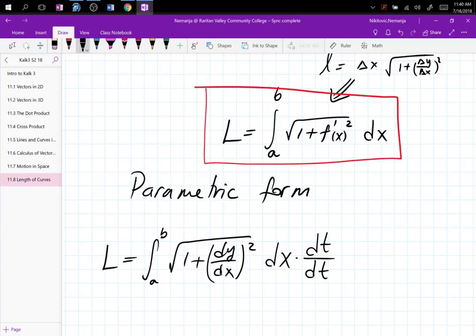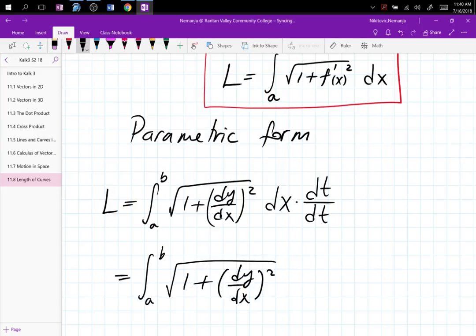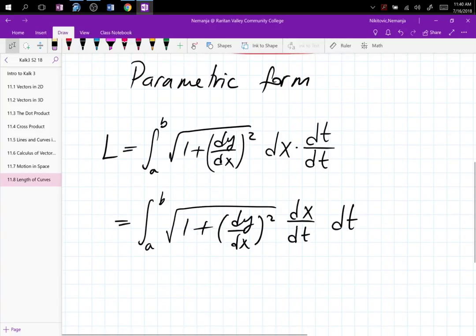We know that parametric equations depend on the parameter t. Let's write it one more time: dy dx everything squared, and now I have dx dt times dt. And t is between a and b, right? So now this t becomes the parameter, and you can think of it as time if you want to, between a and b on that time interval.